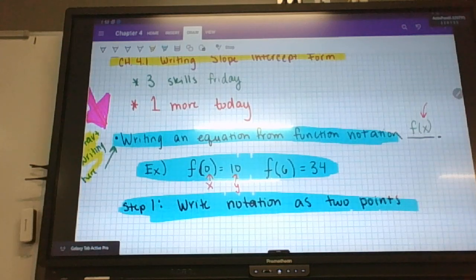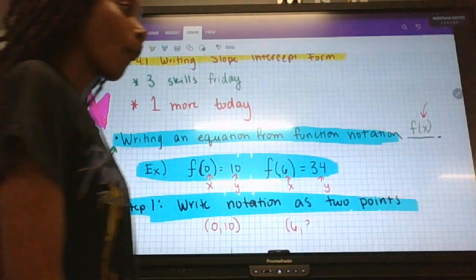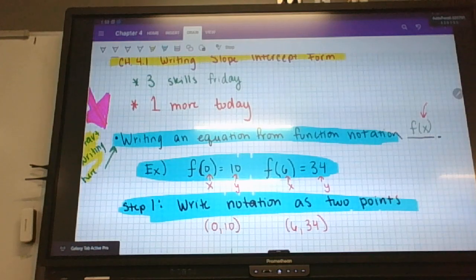The 6 is the x value, the result is the y value. So these are just ordered pairs: 0, comma 10, and 6, comma 34. I'll call the first ordered pair x1, y1, and the second ordered pair x2, y2.